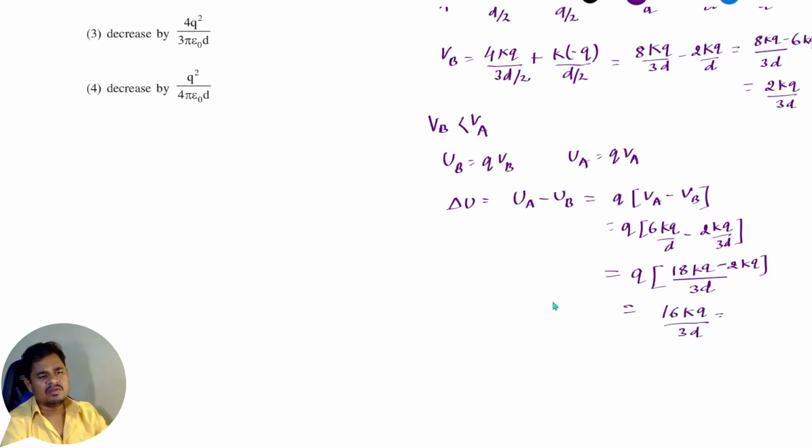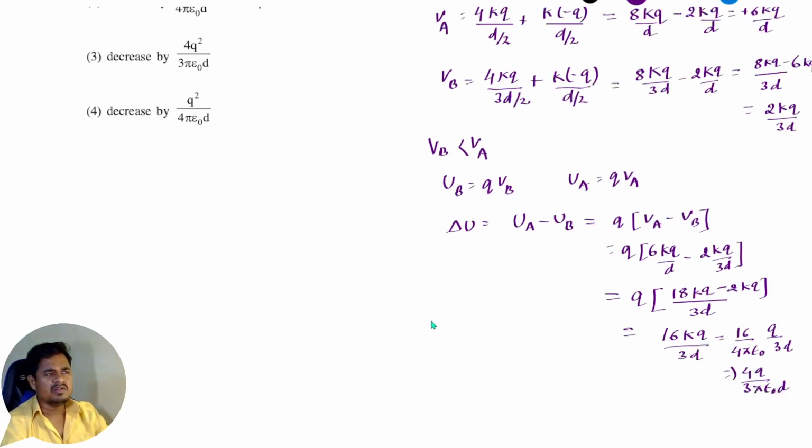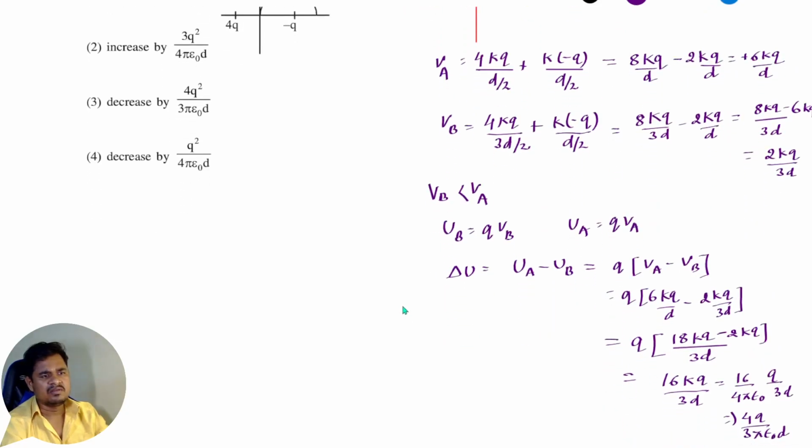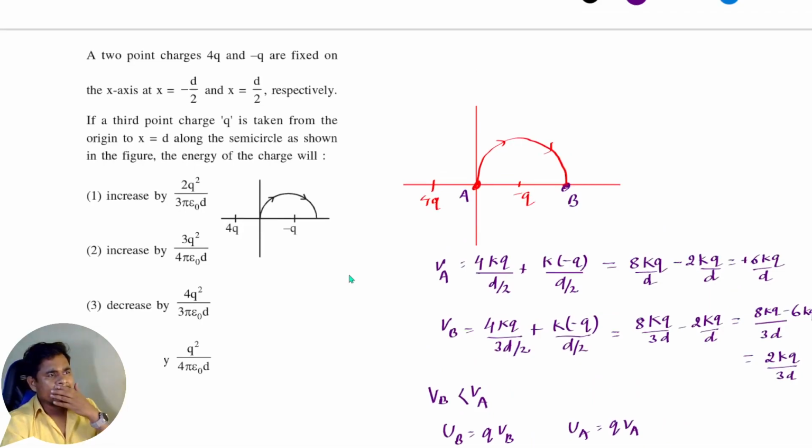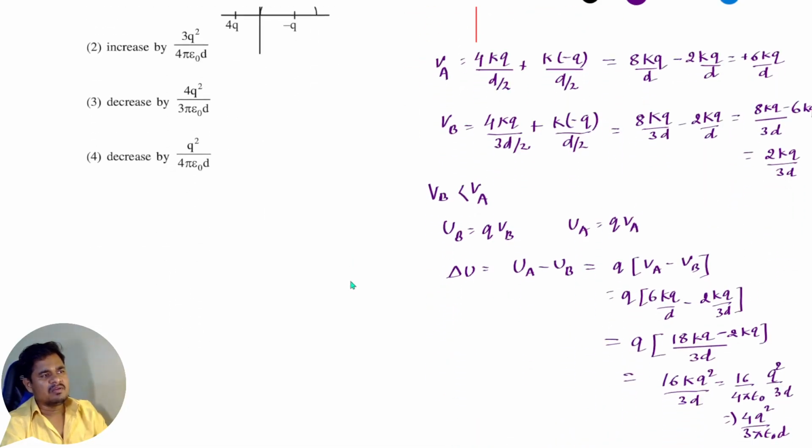Now if I substitute the value of k, 16 by 4 pi epsilon naught, over 3d, so this is basically 4q by 3 pi epsilon naught d. By this much amount the energy of the charge is decreased, and definitely q will also multiply, so it becomes 4q square upon 3 pi epsilon naught d. So the energy is decreased by this value. So the correct option is option third here.